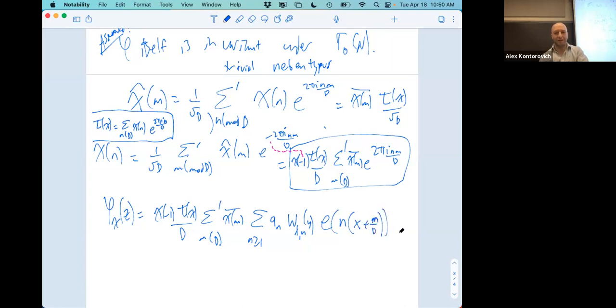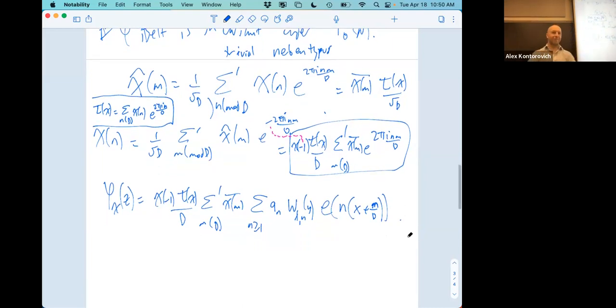Does everyone agree with this? Okay, at this point, you've already switched, and I switched the orders. So it used to be e to the 2 pi i n x. So this thing is just phi itself.